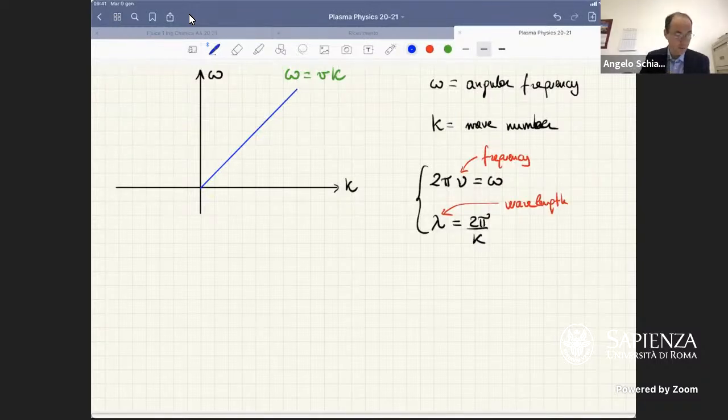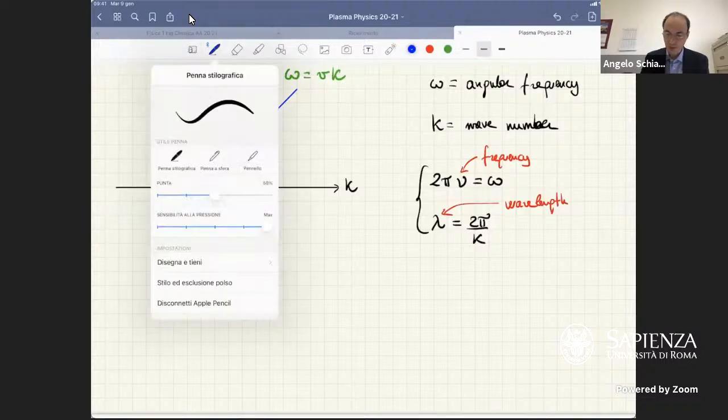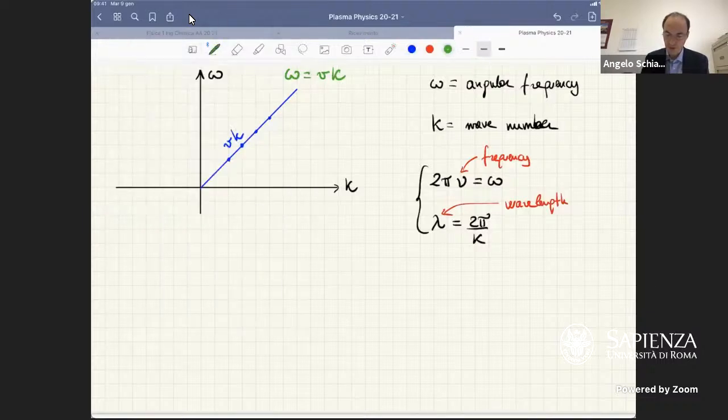For each k that we can take here, the corresponding omega is equal to vk. It is a straight line originating from k equals 0. So for k equals 0, omega is equal to 0. And this is representing the progressive wave.